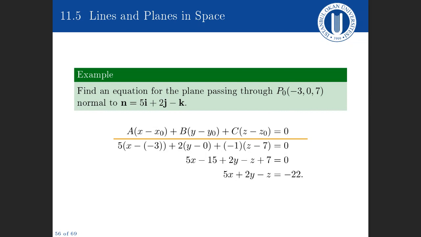And then we just put the numbers in. n gives us the capital A, B, and C. A is 5, B is 2, and C must be minus 1. From the point P0, we have x0, y0, and z0. x0 must be minus 3, y0 must be 0, and z0 must be 7.